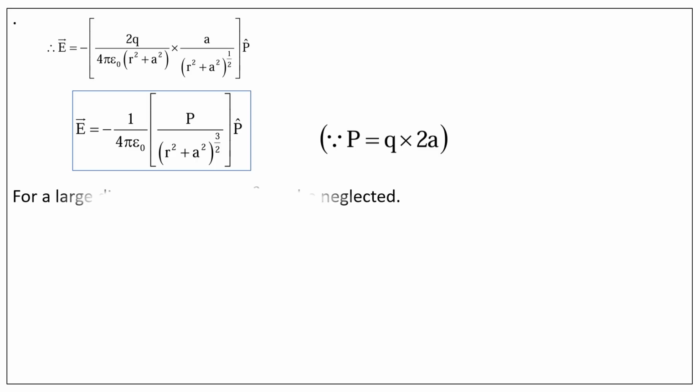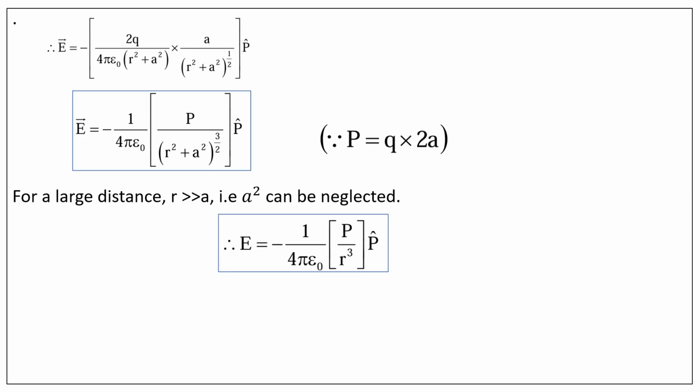For a large distance, r is much greater than a, then a square can be neglected. Therefore, E is equal to minus 1 by 4 pi epsilon naught into bracket P by r cube into P cap.